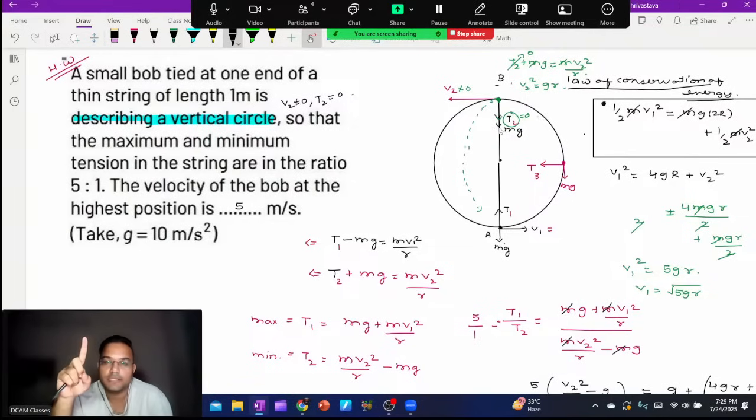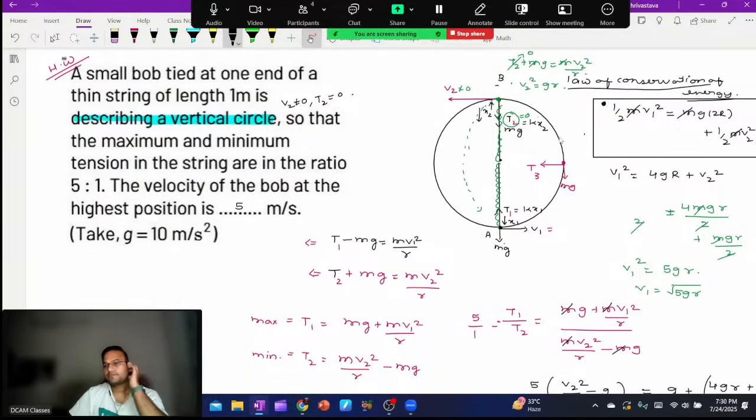At the top it will have a different expansion. Only in the tensions you have to write kx1 and kx2. If suppose the expansion here has become x1, the spring tension will become kx1. And here the expansion has become x2, then the tension will become kx2. That's all. The problem will be solved in the same way.